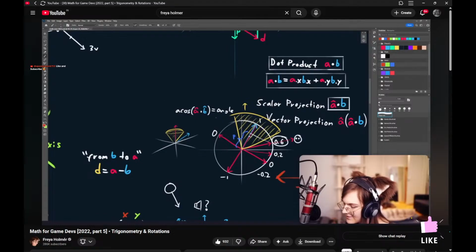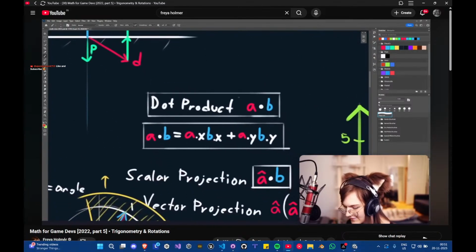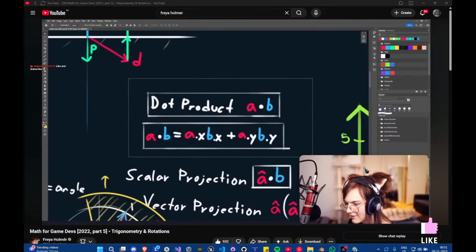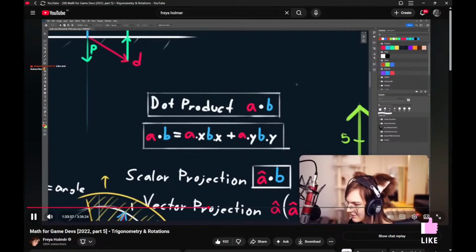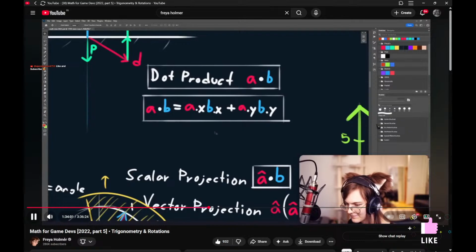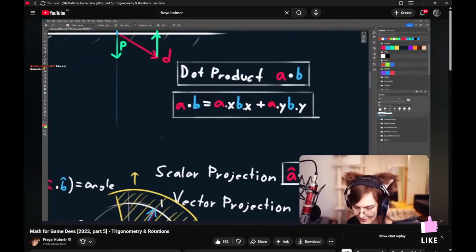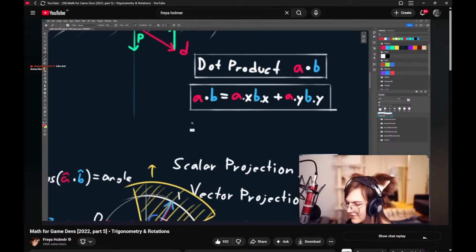And this actually leads us to another definition of the dot product, because this is not the only definition of the dot product. Let's scoot a little bit. So this one is a little bit more wordy, but I believe in you.